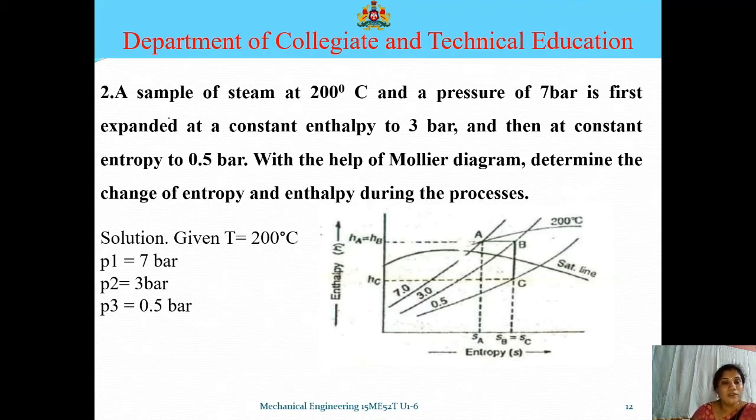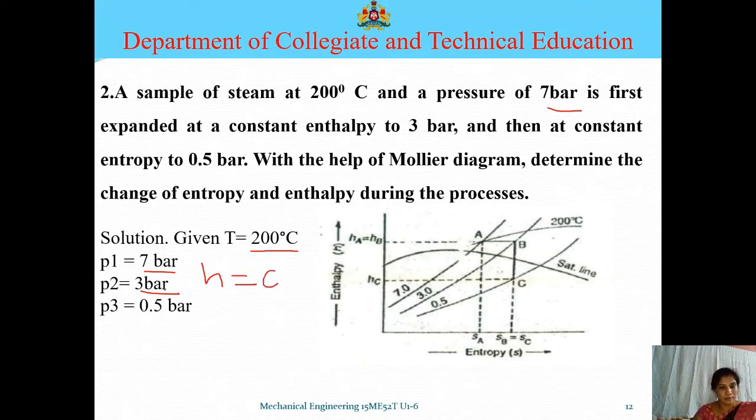So what have they given? They have given a sample of steam where the initial condition is a temperature of 200 degrees Celsius and a pressure of 7 bar. In the first condition, when the steam is expanding from 7 bar to 3 bar, the enthalpy is constant, that is H is constant.